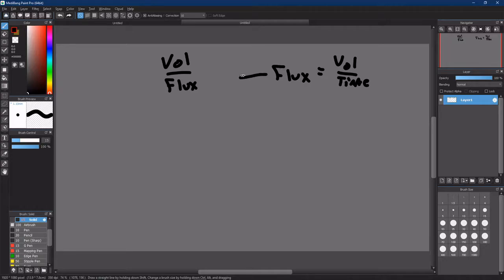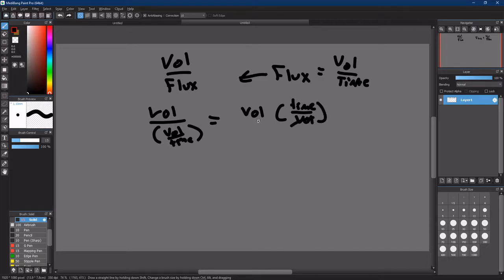So if you plug that in to here, volume divided by a volume per time, that's equal to volume times time over volume. Volume cancels, and you're left with residence time.